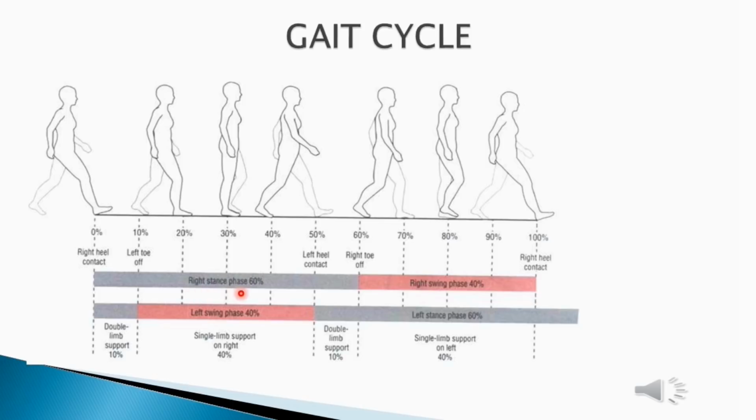So a shortened stance phase is when the stance phase of gait no longer comprises approximately 60 to 65% of the overall time. The stance phase starts to approach, for example, 50-50, or perhaps 45-55, or perhaps a reversal at 40% stance and 60% swing.